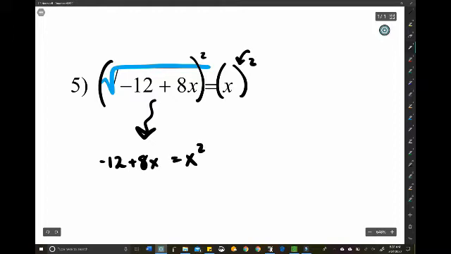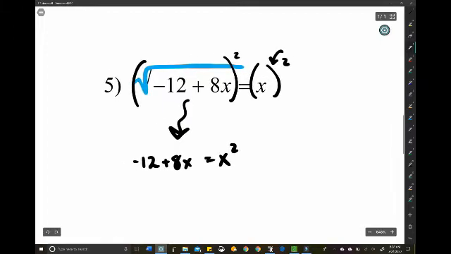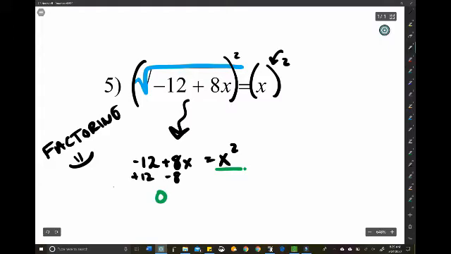Oh boy. When you have an x squared involved, all of your factoring fun comes back into play. Factoring is back. We need to set this equal to 0. I recommend keeping the x squared positive. To do that, we'll add 12 and subtract 8x.